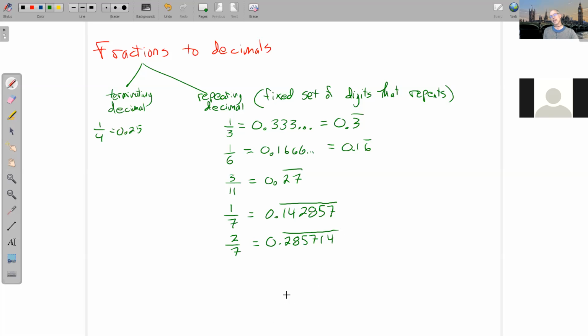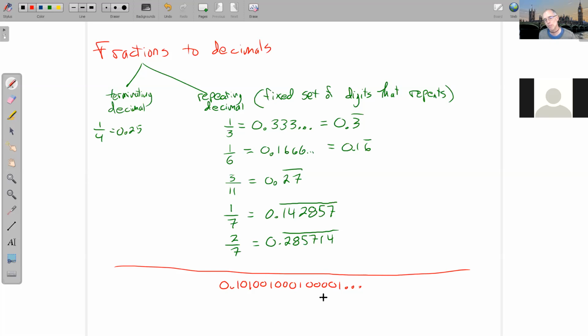Then there are things that kind of repeat, but not like this. So this is a different category that we'll talk more about later, but consider the decimal 0.1001000100001. Do you see the pattern I'm getting at here?